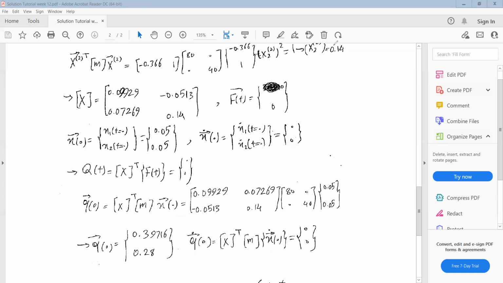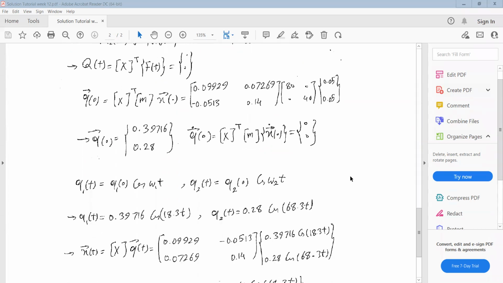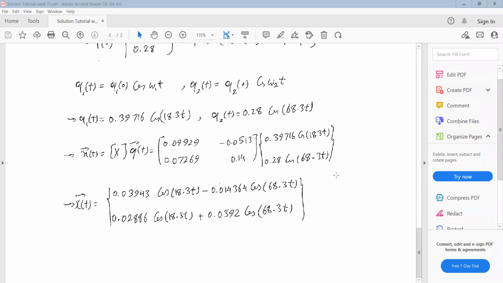And now we have the initial condition and the external term, and we can calculate the response by using the SDOF system equations. We will have two similar SDOF systems, so for each of them we can obtain the response. For the first one, Q1(t) is Q10 cosine omega 1 t, and Q2(t) is Q20 cosine omega 2 t.